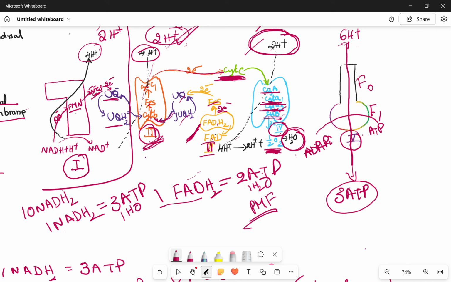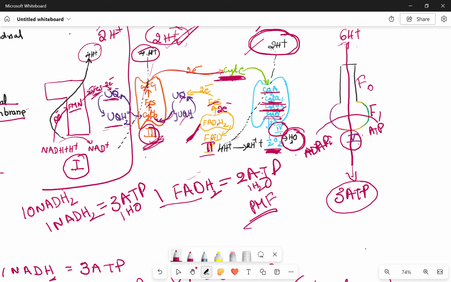Downhill movement only. What is the downhill movement? Downhill movement means always from high to low only. High concentration to low concentration. So the passage of electrons from one enzyme to another or the next is a downhill journey with a loss of energy at each step.